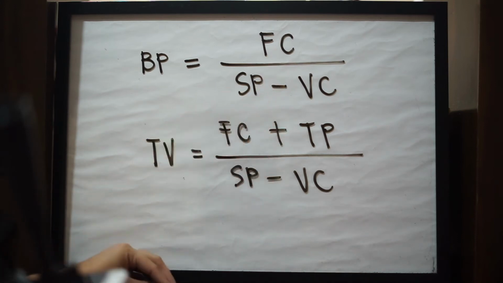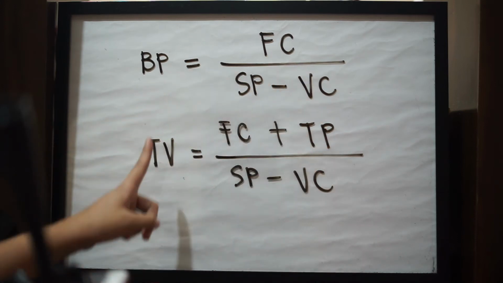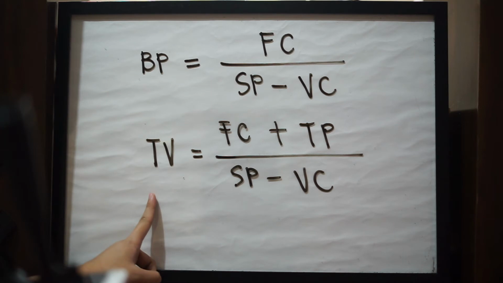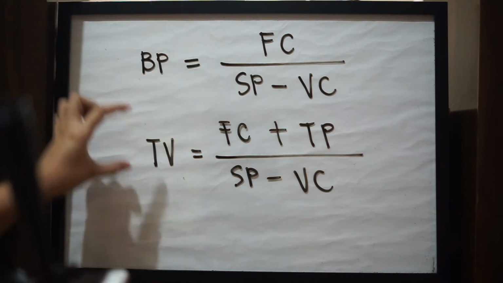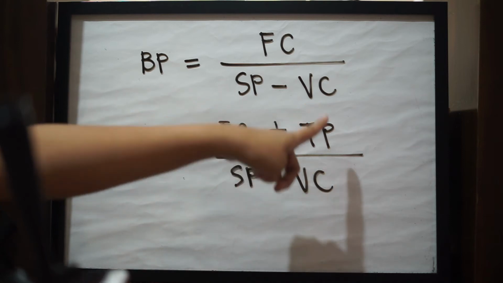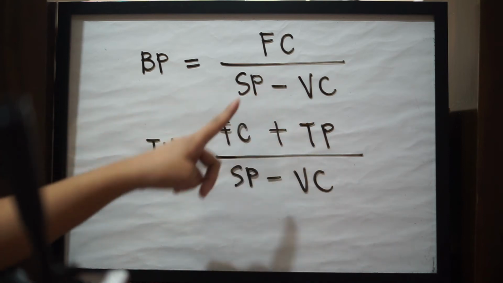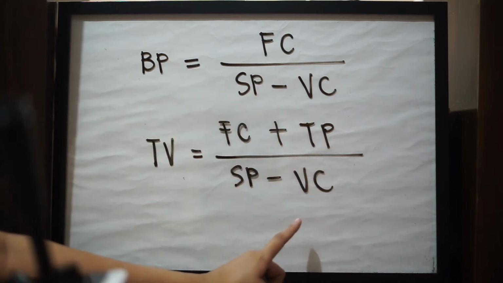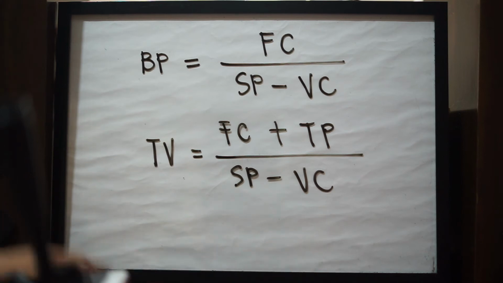Para makakuha ka ng ganitong profit, kailangan ganito yung ma-produce mong goods. Ang formula for target volume is FC, still fixed cost, plus the target profit all over the selling price minus the variable cost. So, yun lang yung mga kakailangan nating formula for problems under break-even.